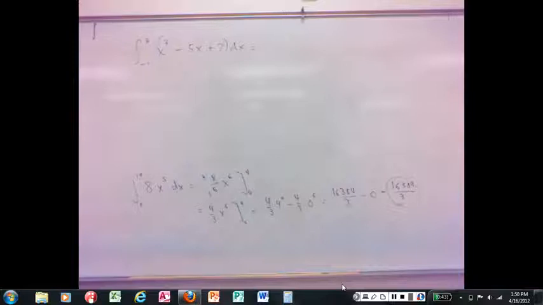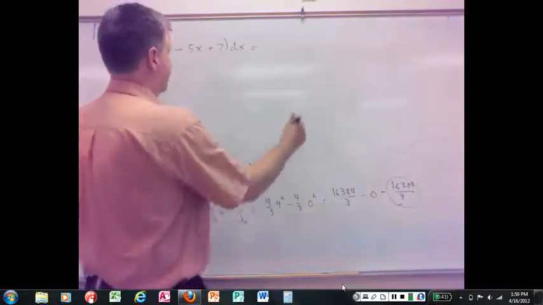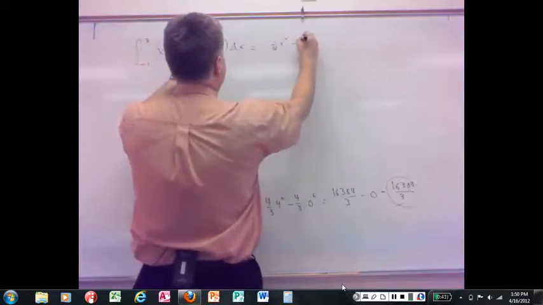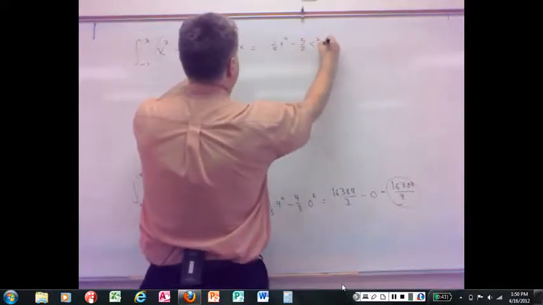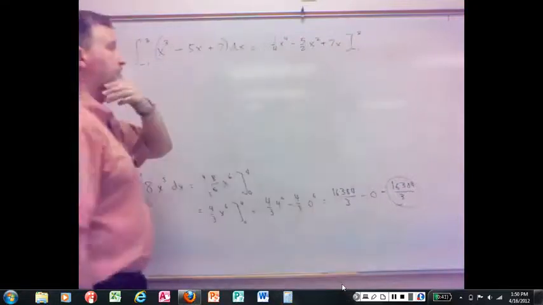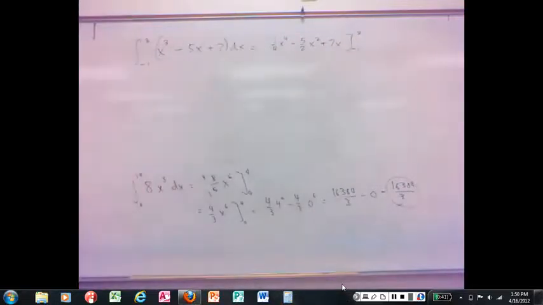Well, that's still just a polynomial, so the antiderivative is really fairly easy. Like we said, if you've got subtraction, you just do the antiderivative of each one. So it'd be 1/4 x to the 4th minus 5 halves x squared plus 7x, wouldn't it? From -1 to 3. Yeah, just your antiderivative.